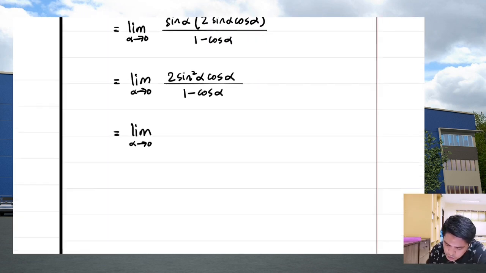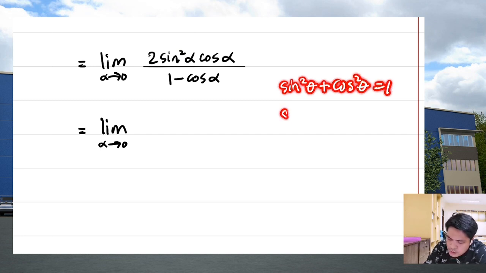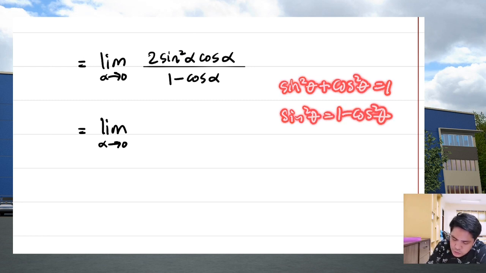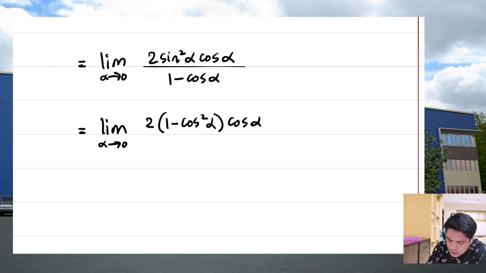Now notice that we have sine squared alpha here, and kung naalala nyo sa Pythagorean identities, sine squared theta plus cosine squared theta is equal to 1. Hence, sine squared theta is equal to 1 minus cosine squared theta. So therefore, sine squared alpha could be written as 1 minus cosine squared alpha. So this becomes 2 times 1 minus cosine squared alpha cosine alpha divided by 1 minus cosine alpha.